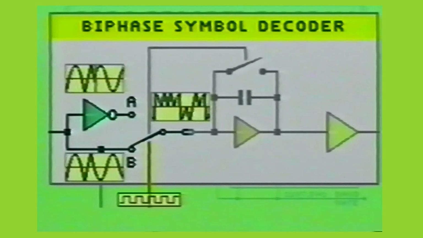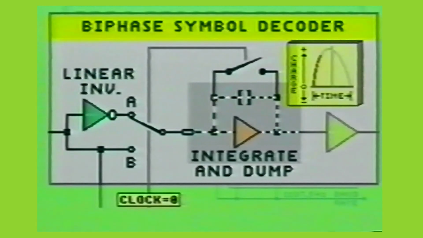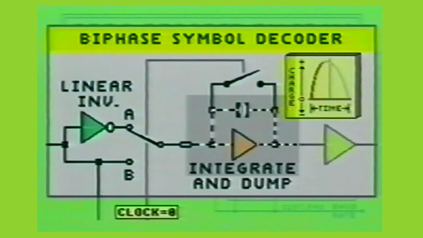Now the waveform is applied to an integrate and dump function. The integrate portion of the function is provided by the amplifier and the capacitor bridged across the input and output of the amplifier.